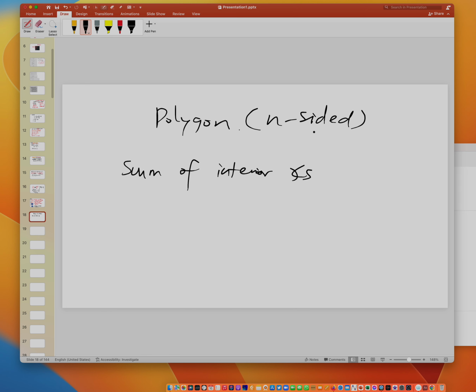N-sided means it can be 2, it can be 3, it can be 6, it can be 7. Okay, so I call it n-sided. So the formula for the sum of interior angles for any polygon is (n minus 2) times 180.